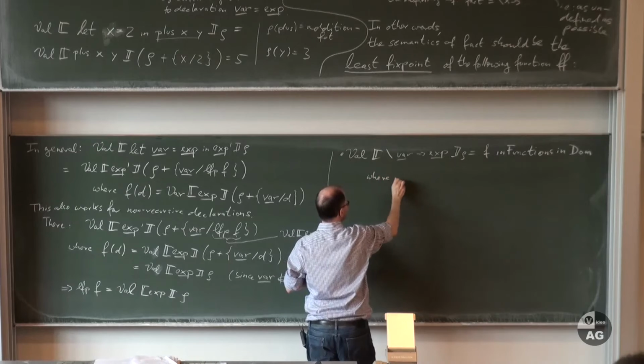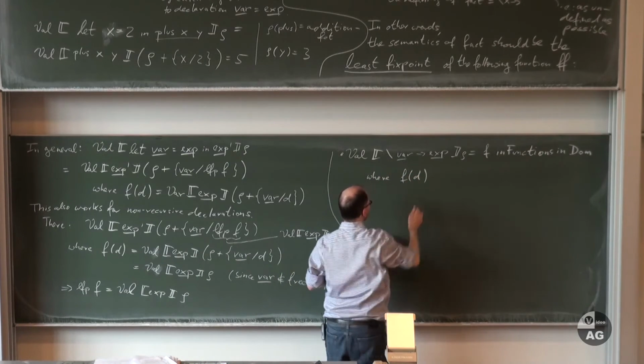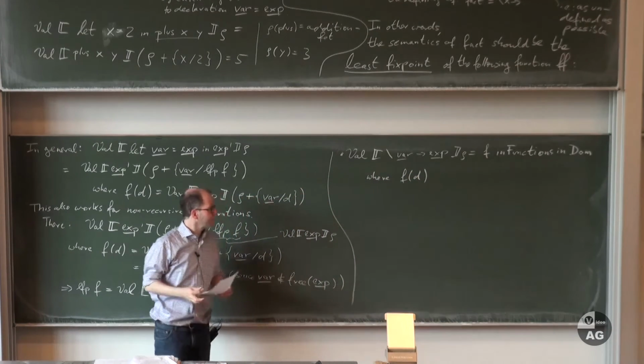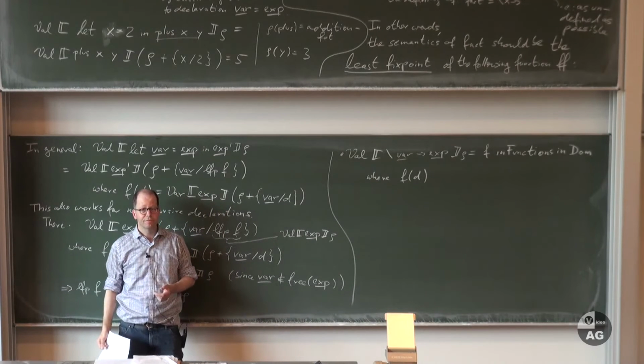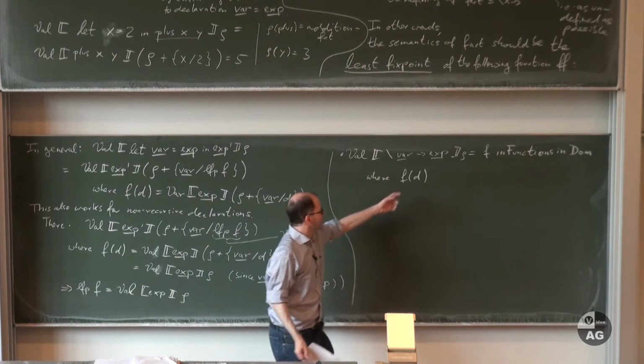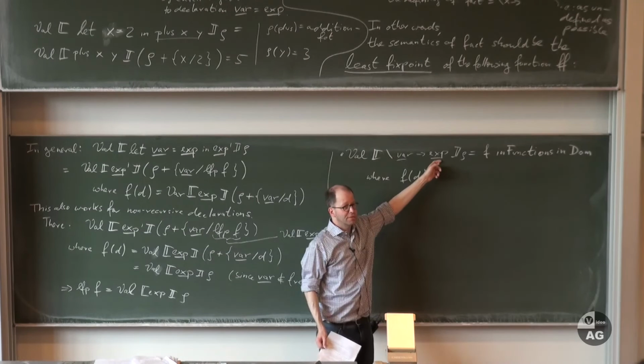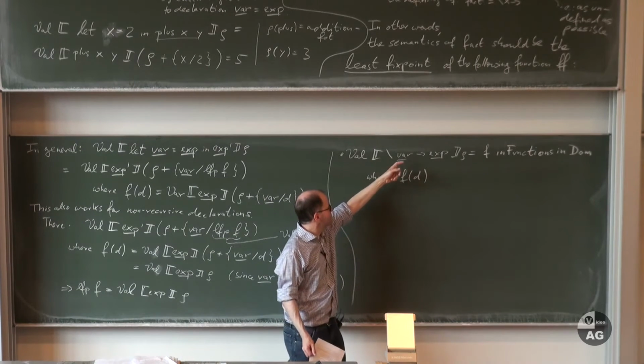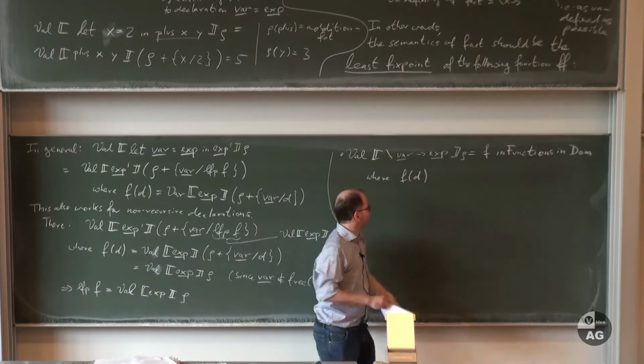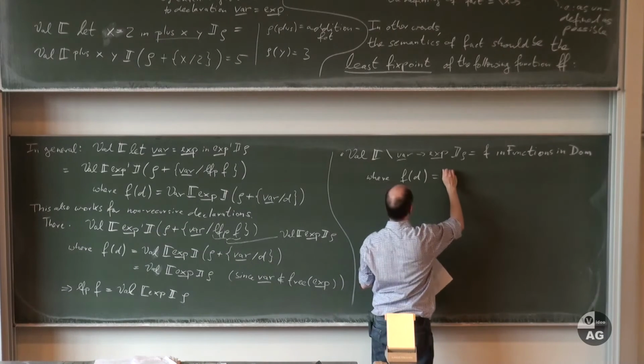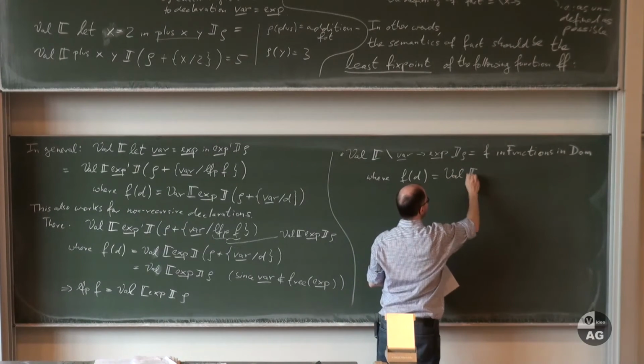So what happens if I apply this f to some object d from the domain? Well, what should it return? Essentially, it should return the meaning of this expression, because it should be a function that maps arguments to this result. So it should essentially return the value of this expression.